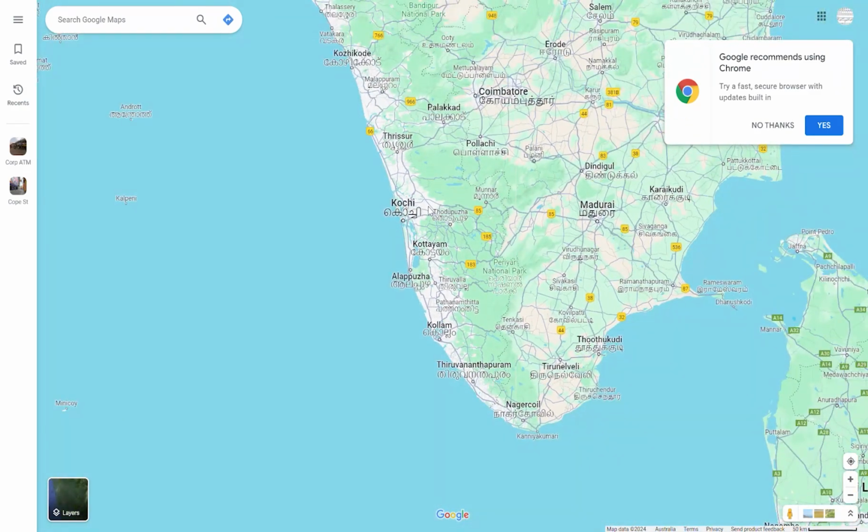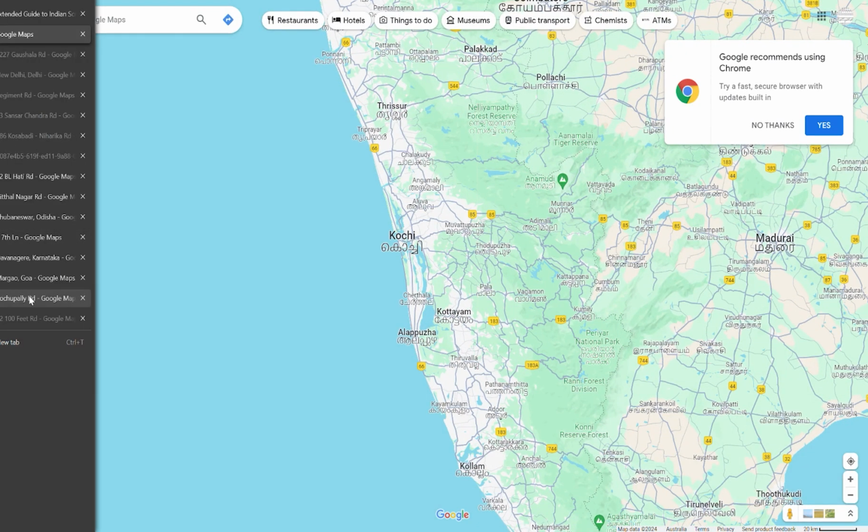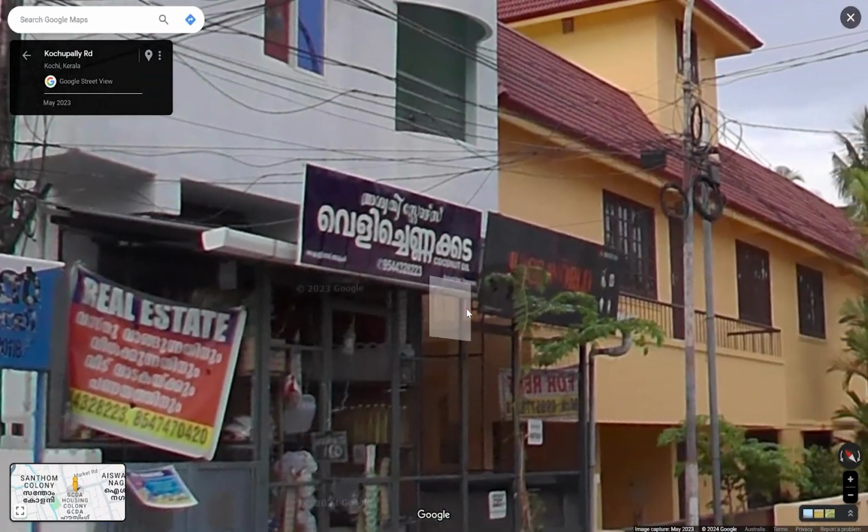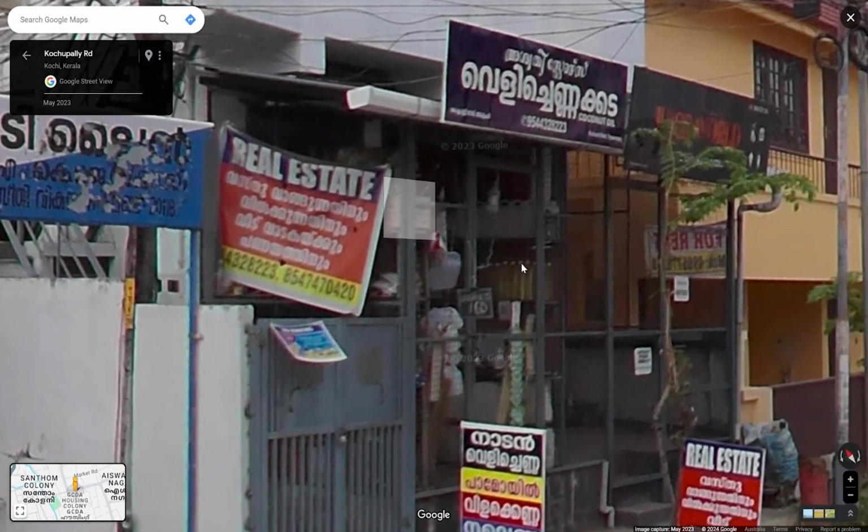So within Kerala, you're going to see large amounts of Malayalam. So here's an example. All of these signs here written in Malayalam.